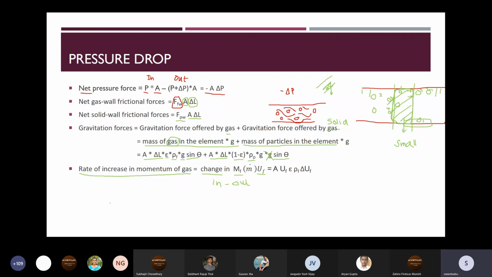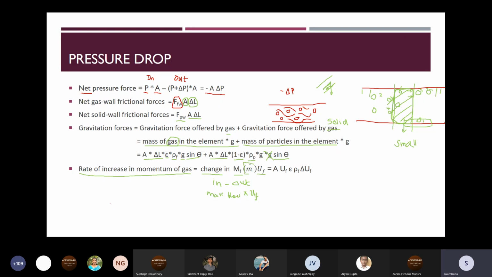The rate of change in momentum can be mass flow rate into velocity. So here I just put m dot.